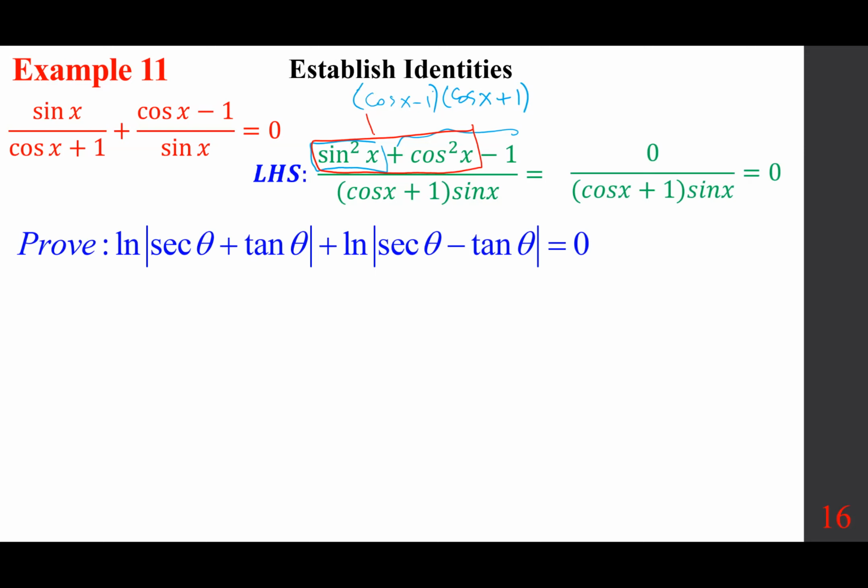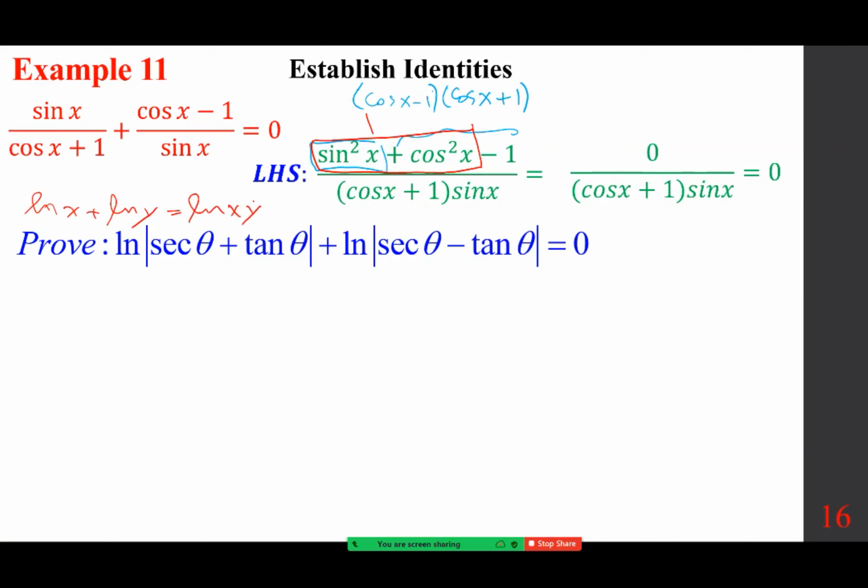We want to prove the natural log of secant theta plus tan theta plus the natural log, ln is the natural log, of secant theta minus tan theta is 0. So the left-hand side, ln, let me remind you, if I have ln x plus ln y, I can say ln xy.